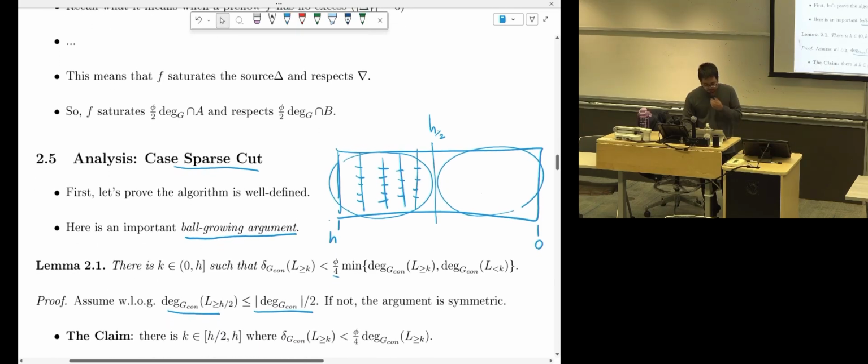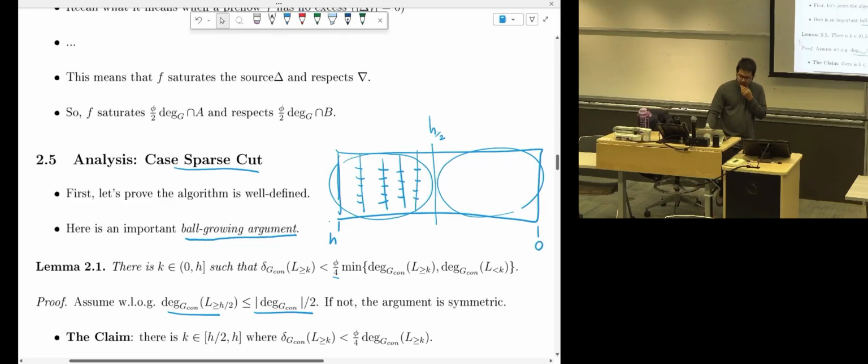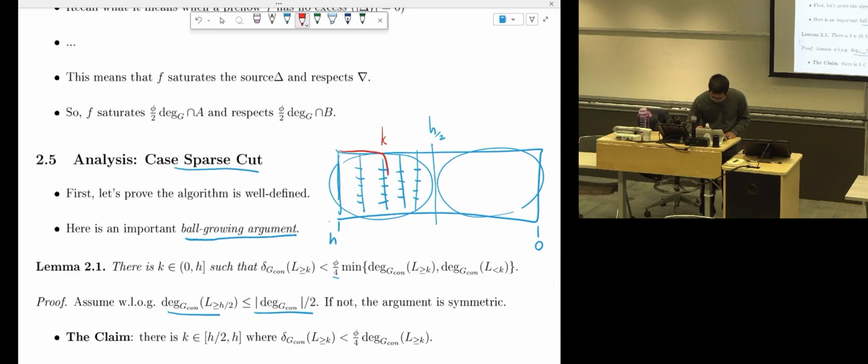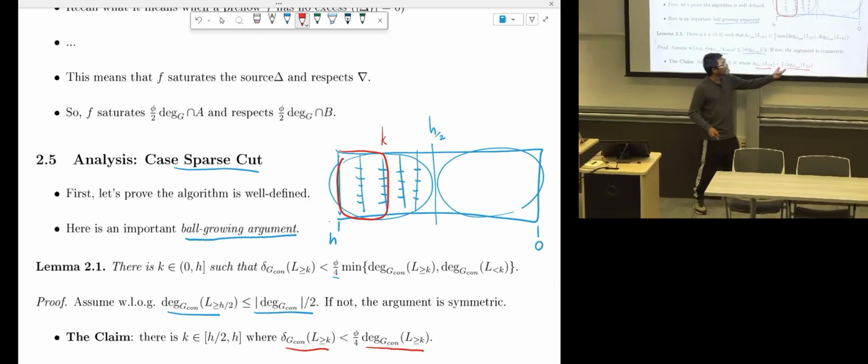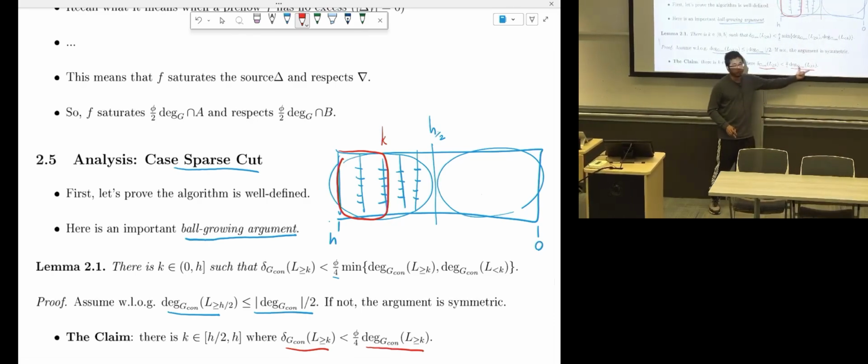So now the claim is that there is going to be some layer k such that the cut here is smaller than the degree of the cut. Yeah, the cut size is smaller than the volume, basically, by phi.